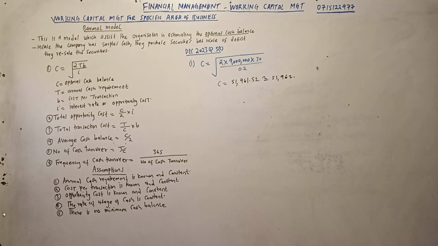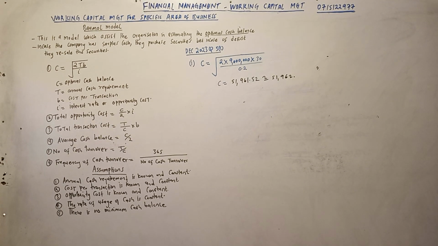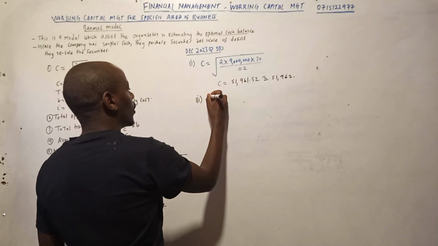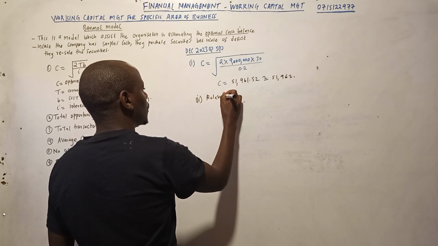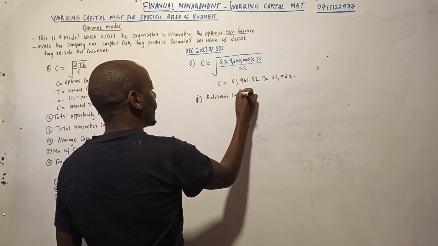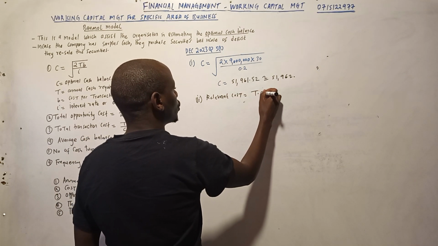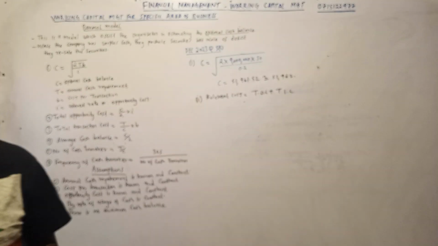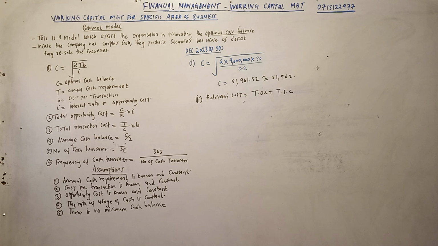Number 2, they were asking us for the total relevant cost. Remember, when you compute the relevant cost, it equals total opportunity cost plus total transaction cost.